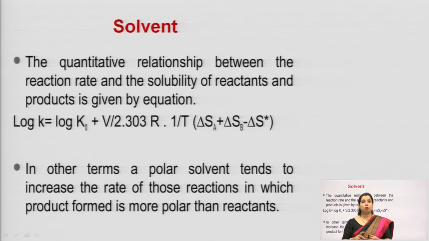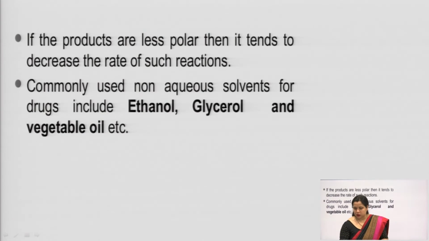In other terms, a polar solvent tends to increase the rate of those reactions in which the product formed is more polar than the reactant. So, generally when we use this equation, we say that polar solvents increase the rate of reaction, particularly for those which give a more polar end product than the reactants we are taking at the start of the reaction.